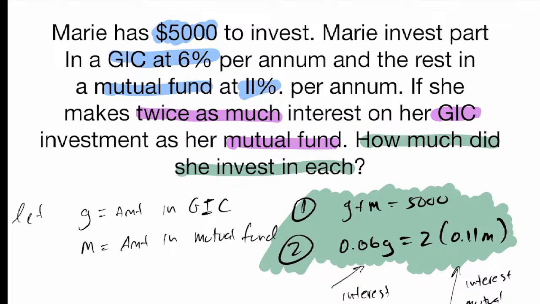Yep, very good. You just got it backwards. The 2 should be on the 11%, because it says you made twice as much interest on your GIC. So the interest on your GIC is larger. You have to take the interest you made in your mutual fund and double it. Oh, okay.